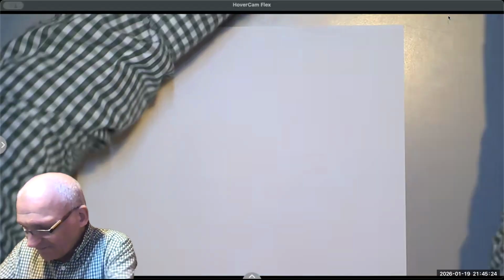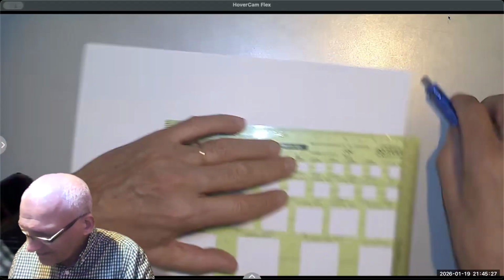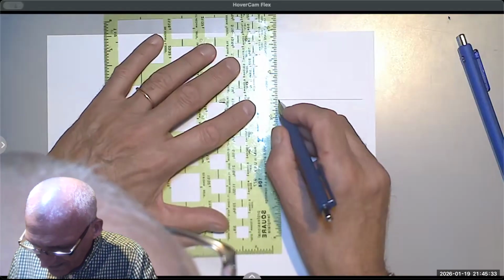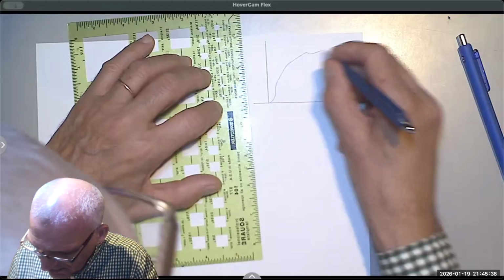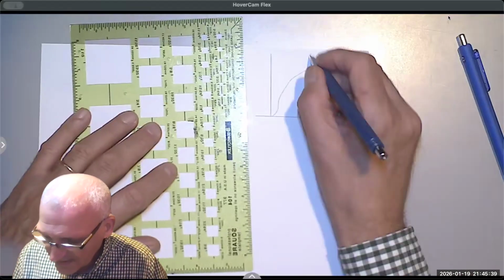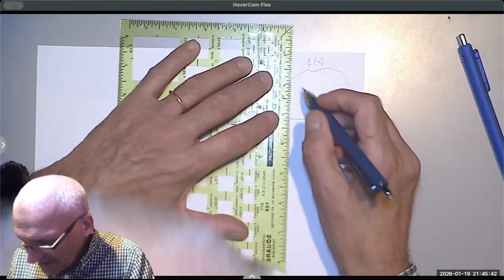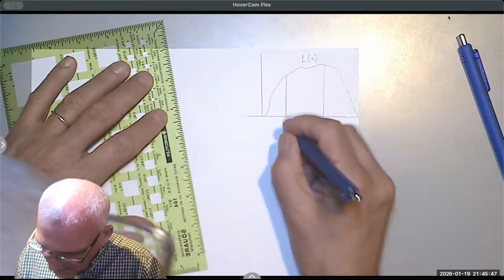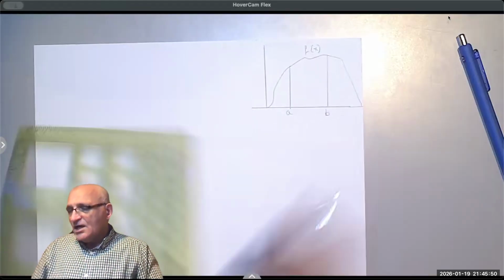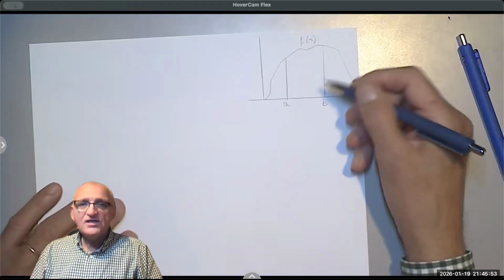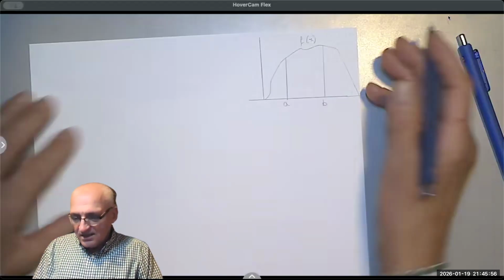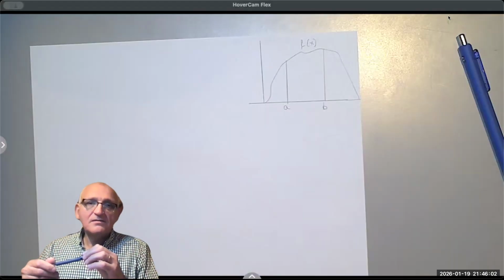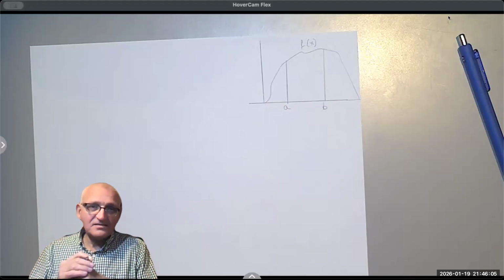So if I have a graph f of x, let's assume we have a graph here, something like that. I know f of x, it's given to me. And I want to find the area under it between points A and B. So instead of dividing that into 3 or 4 or even 10 strips, I'm going to divide it into infinite parts or infinite rectangles.